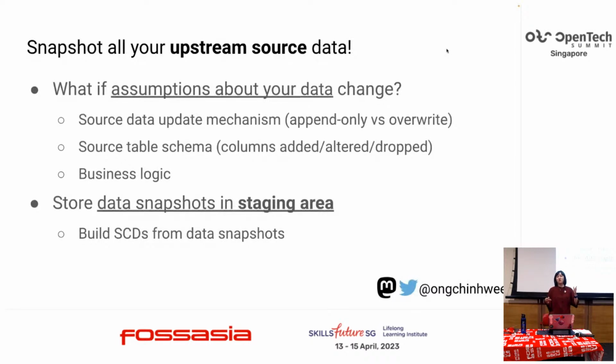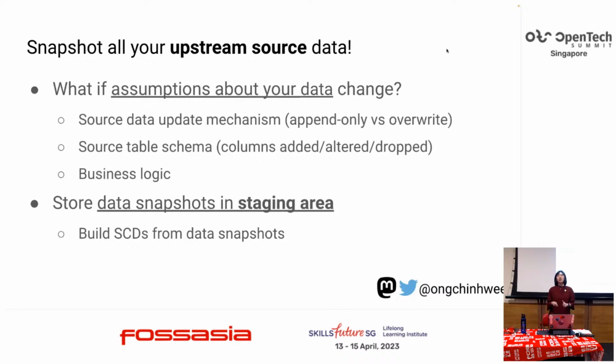So you still need to have those copies of your snapshot to be able to modify your logic. And as I mentioned previously, store your data snapshot in a staging area and build SCDs from there, instead of having your SCDs directly reading from your upstream source. In this way, if you mess up your SCDs, you still have your data snapshots to rely on.